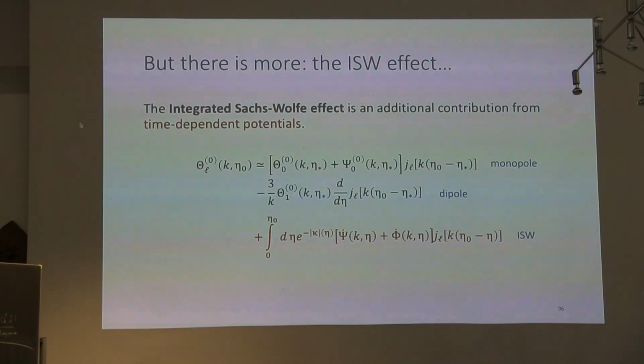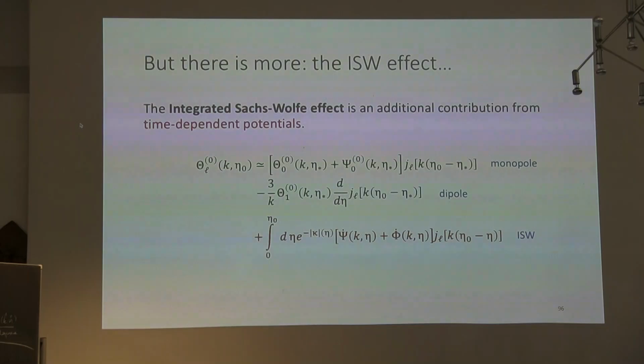And it turns out that if you have time-dependent potentials, then there's an additional term that you need to write down that would also contribute to the multipole moments that we see today. So you have these time-dependent things over here, phi dot, psi dot, and you do this line-of-sight integral from 0 to the present time. This term here is called the ISW effect.